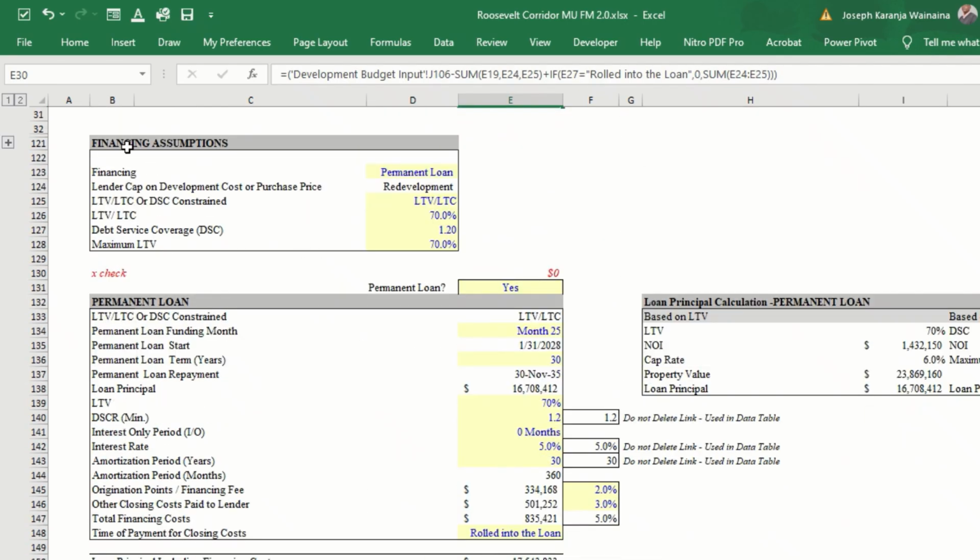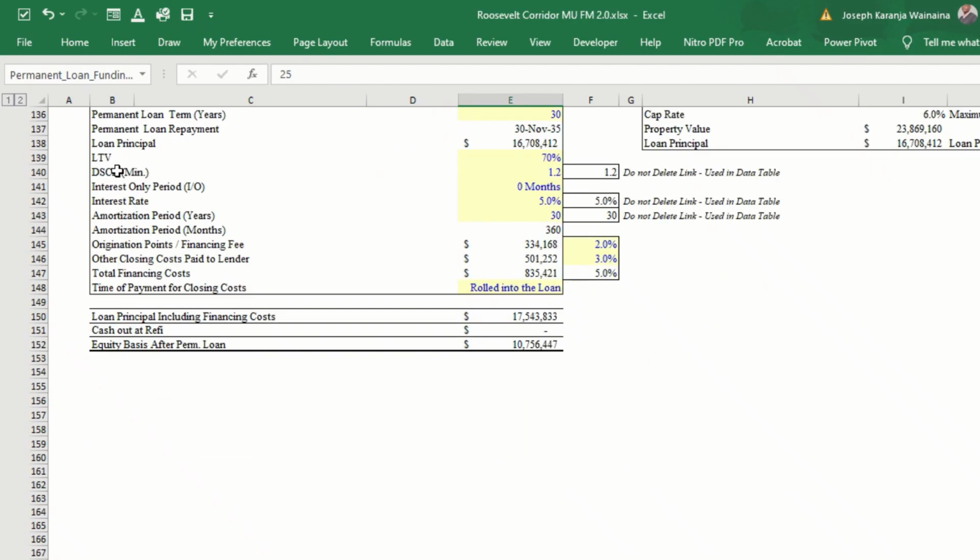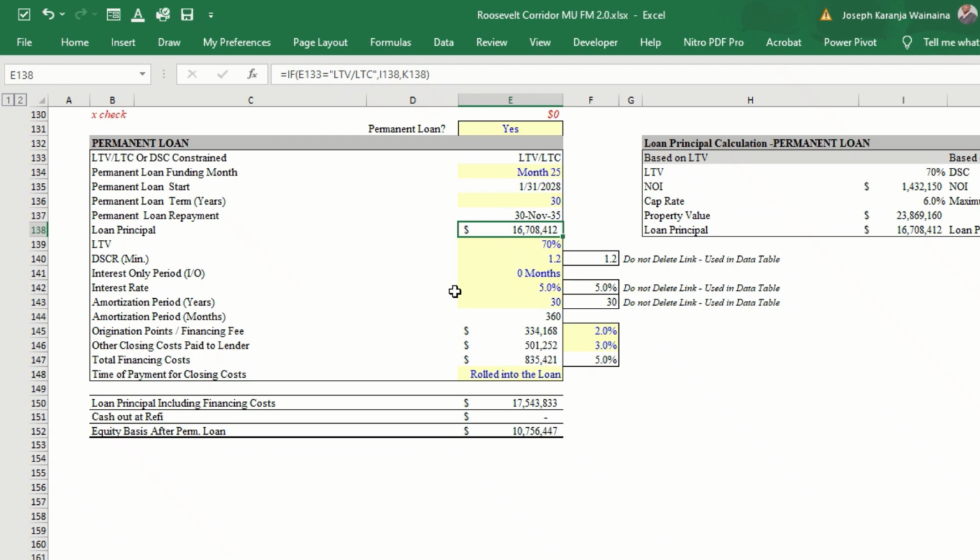So these are for the permanent loan. These are the assumptions. This is the breakdown of the permanent loan section from the LTV to the time the permanent loan should kick in after construction. So here are also the terms, the loan principal amount that will be borrowed at the end of the period.